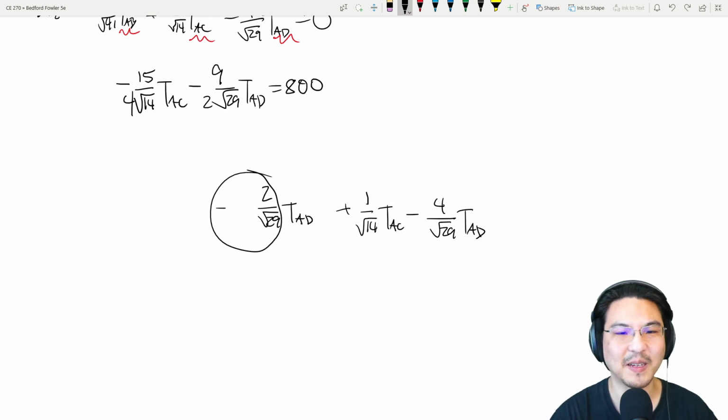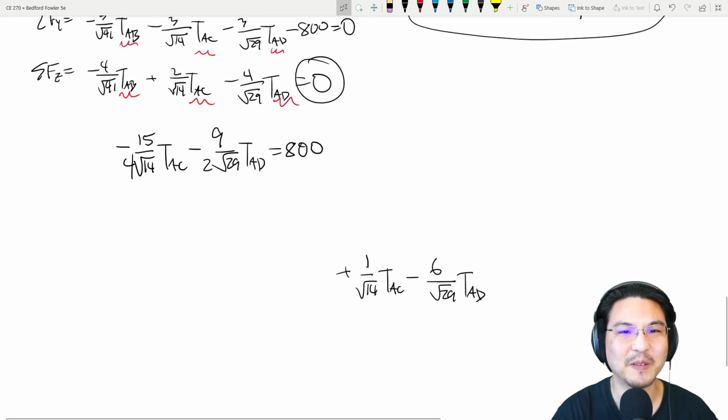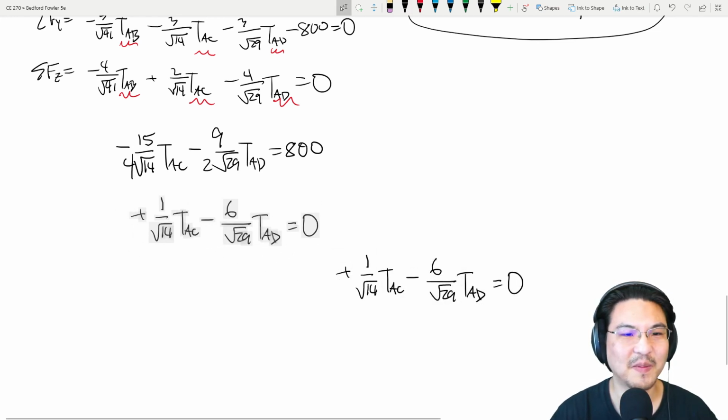So that's negative 6 over root 29. Looks like I forgot to write the equals 0 right here. Okay. So this is much simpler now.